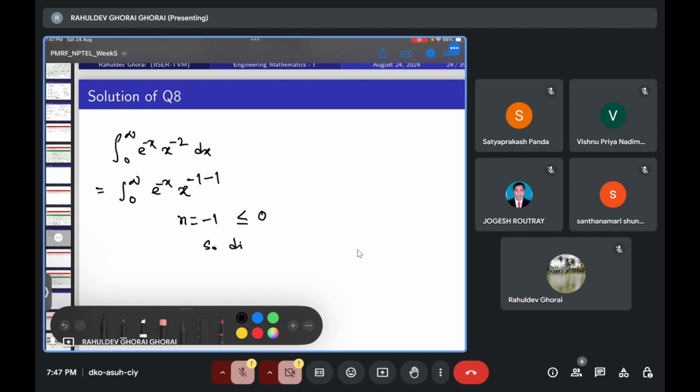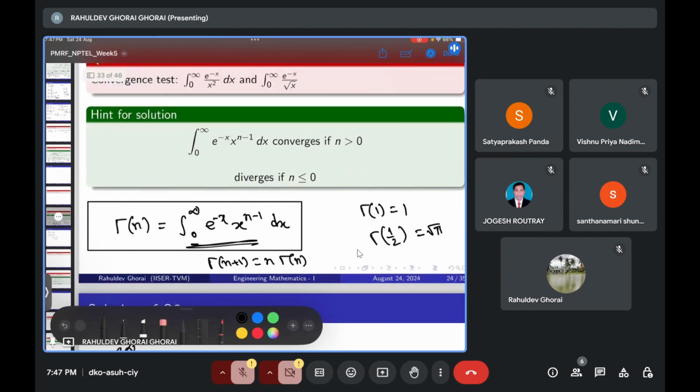So it diverges. If you take the integral of e to the minus x times x to the n minus 1, it converges if n is greater than 0 and diverges if n is less than or equal to 0.